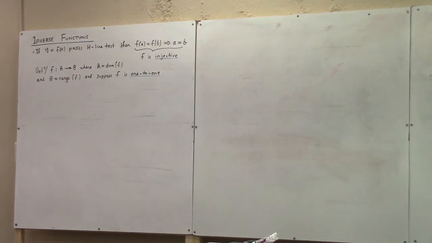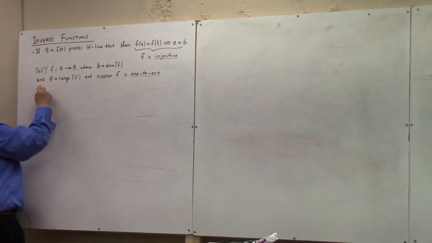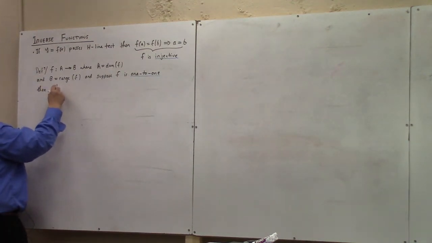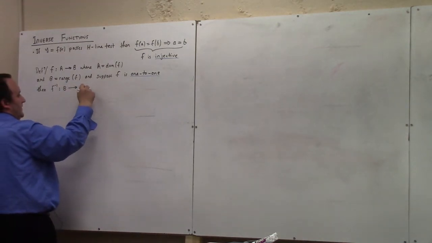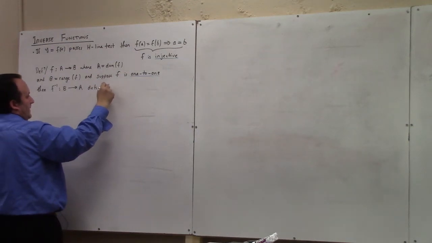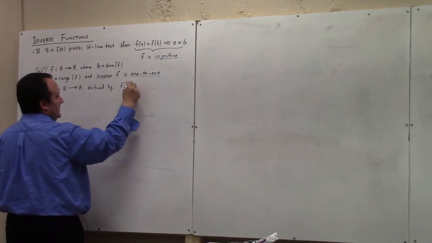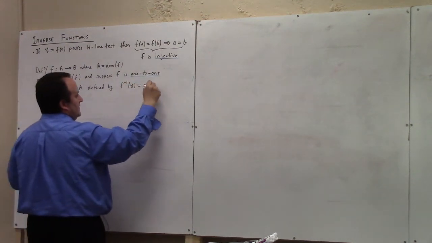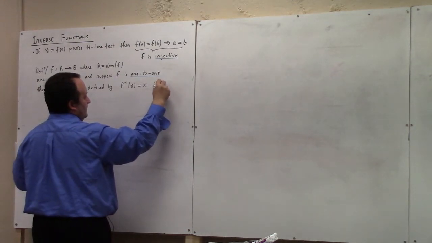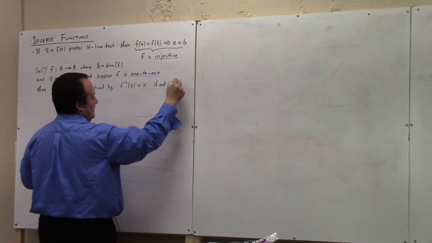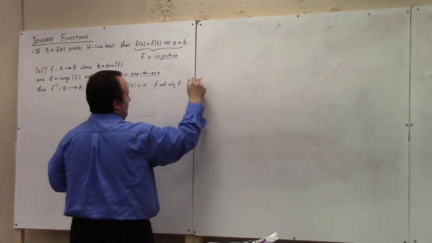So if you have such a function, then f inverse is a mapping from B to A defined by f inverse of y equals x if and only if y is equal to f of x.